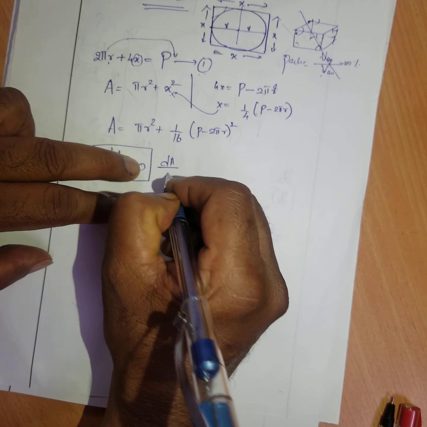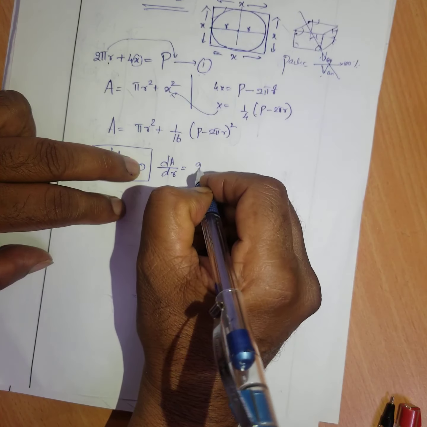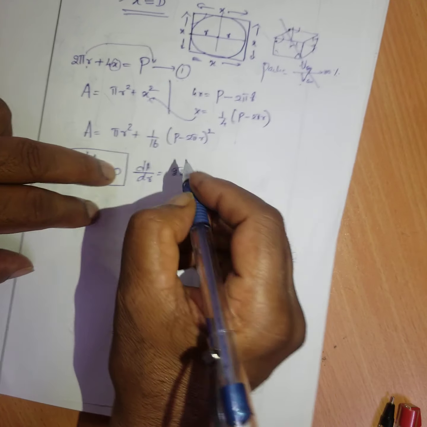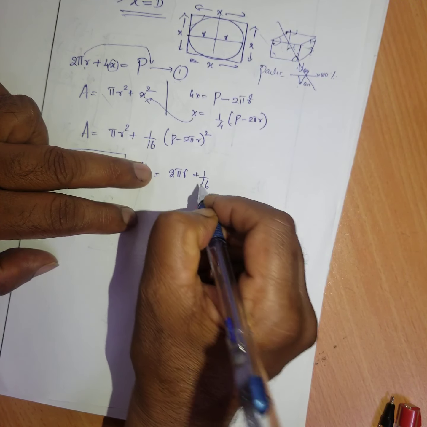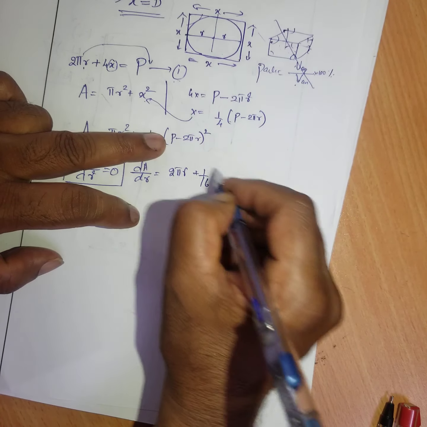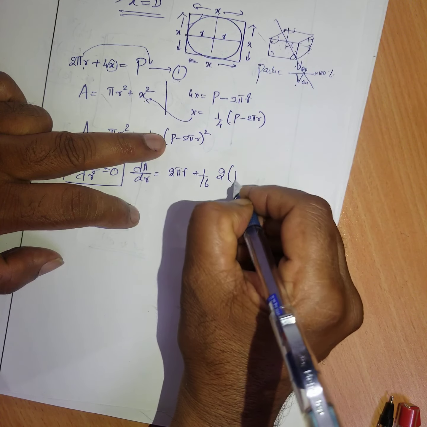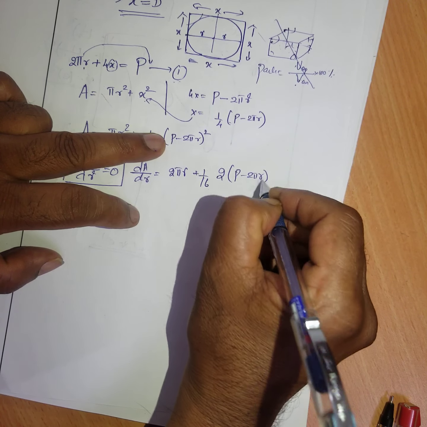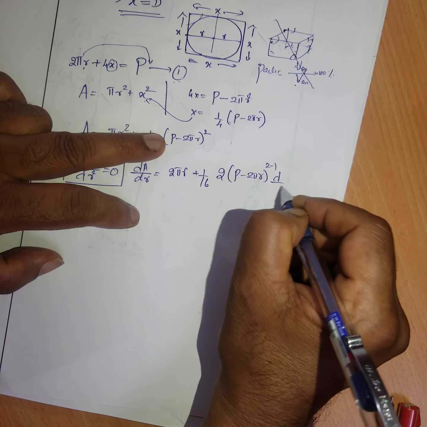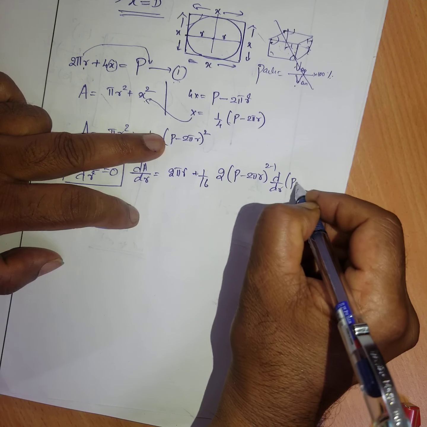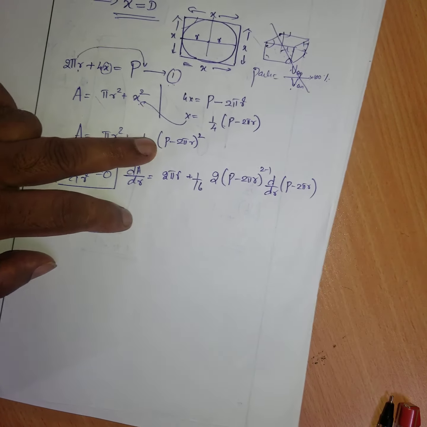dA by dr is equal to 2 pi r plus 1 by 16. This is the chain rule, right? 2 into (p minus 2 pi r) to the power of 2 minus 1 into d by dr of (p minus 2 pi r), correct?